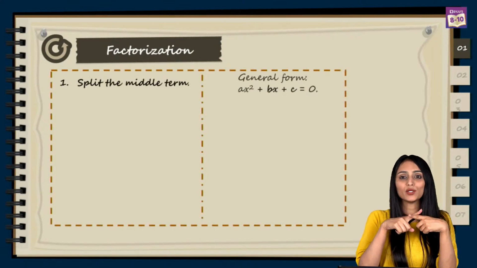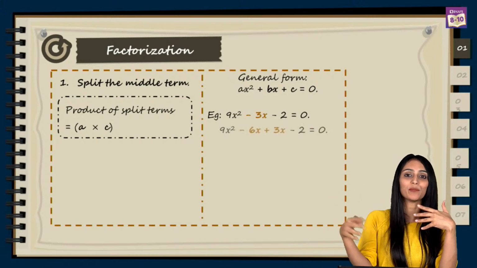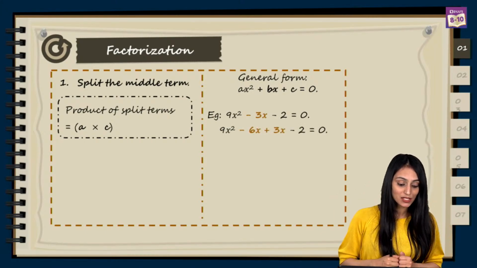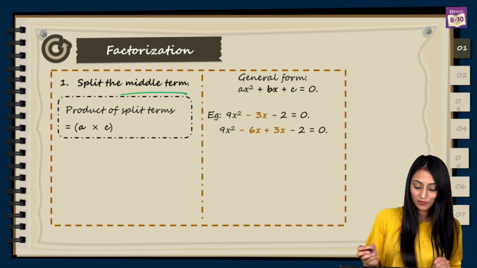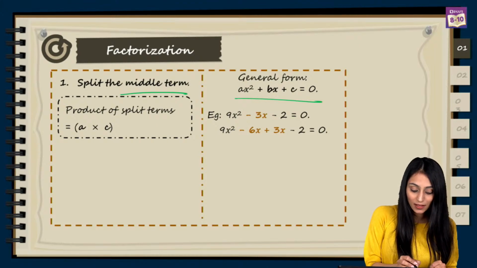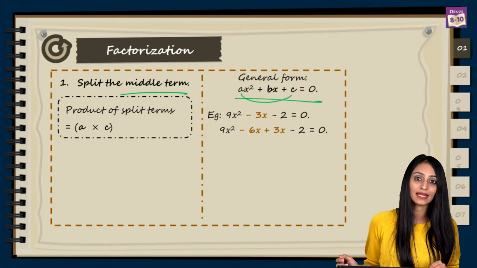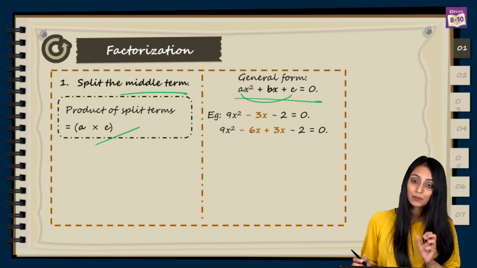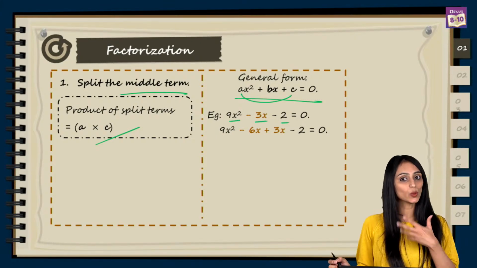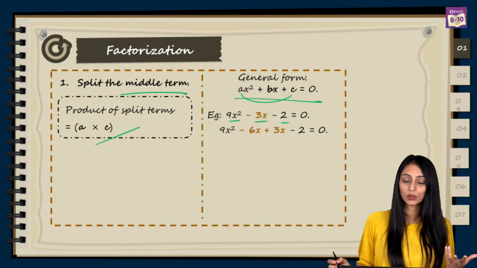Now factorization is one topic that you have been doing for the past 3-4 years, right? Because we start with this in grade 6 or 7th maybe. So what do we do? Simply we split the middle term first of all. This is the general form, ax square plus bx plus c. We take the product of these two, a and c, right? And we split it up like this. So 9x square minus 3x minus 2 equal to 0. If you use this example, simply 9 times minus 2 is going to be minus 18.